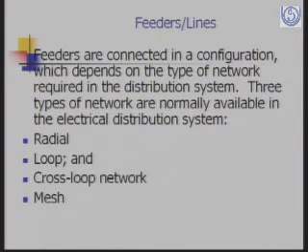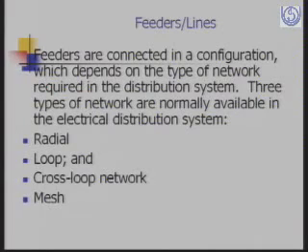The feeders are connected in a configuration which depends on the type of network required in the distribution system. Generally, three types of network are normally available in the electrical distribution system, which are the radial, the loop, and the cross loop network, and sometimes we have a mesh network. On the 33 kV side, generally we have a weakly open mesh.